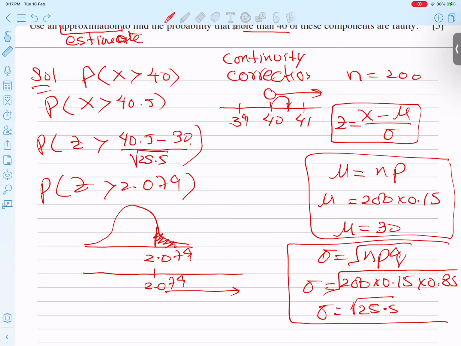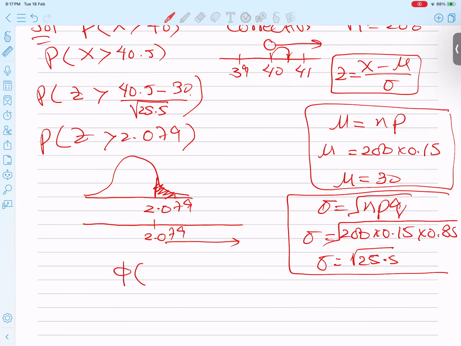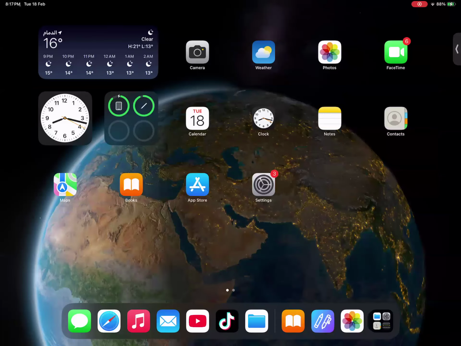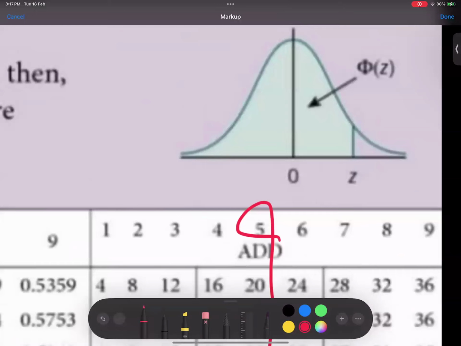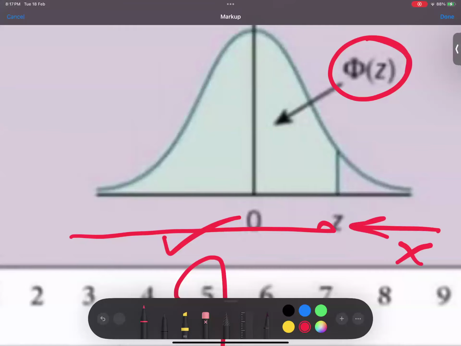I hope it is clear. When we see the table, when phi of 2.079 comes, students, it will give you the value from the left corner. Reason: you can see the table. On this bell shape, phi of z will give us from the left side, never the right side.